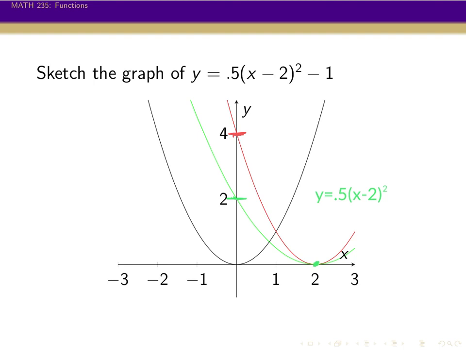Okay, now we don't need this function anymore. It has done its job, and so now we're focusing in on 0.5 times (x minus 2) squared. And what's the last thing we need to do to get to our overall function? Now we need to subtract 1 at the end. And so this subtracting 1 is going to be a shift downwards by 1 all the way across.